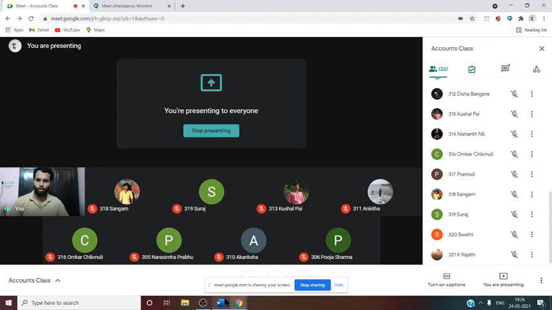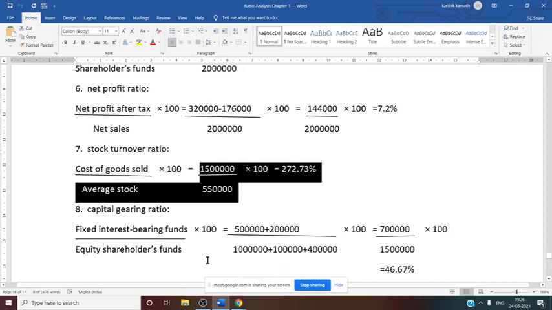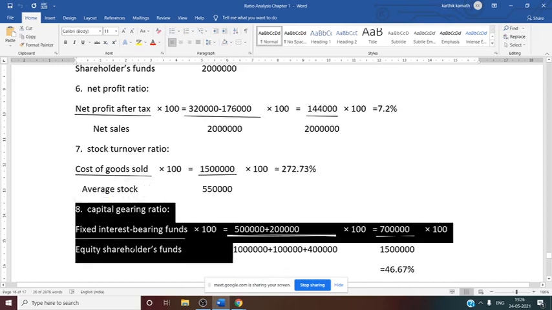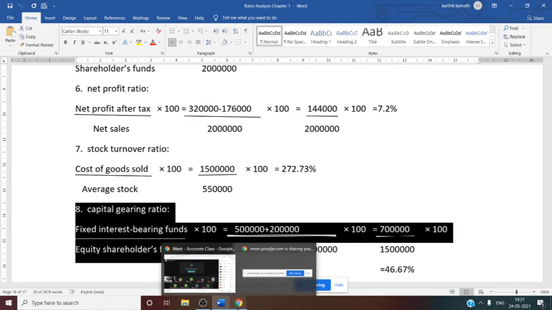Next thing to see is capital gearing ratio. We have to understand the capital gearing ratio formula here. Fixed interest bearing fund means those funds which regularly give fixed interest to the holder of the fund. One is the preference shareholder. The preference shareholder will get a dividend, so that is why you need to consider preference share capital.